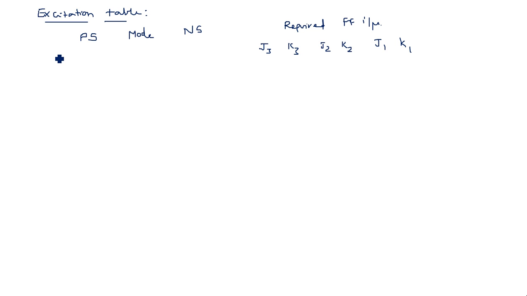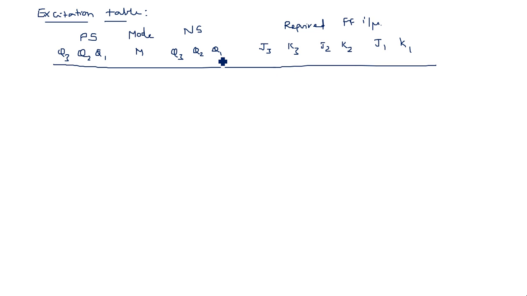And the present state Q3, Q2, Q1. Mode is M. Next state again Q3, Q2, Q1. This is the excitation table. In the excitation table, we should consider the present state, next state, and required inputs. We have already done this in the design of conversions of flip-flops.